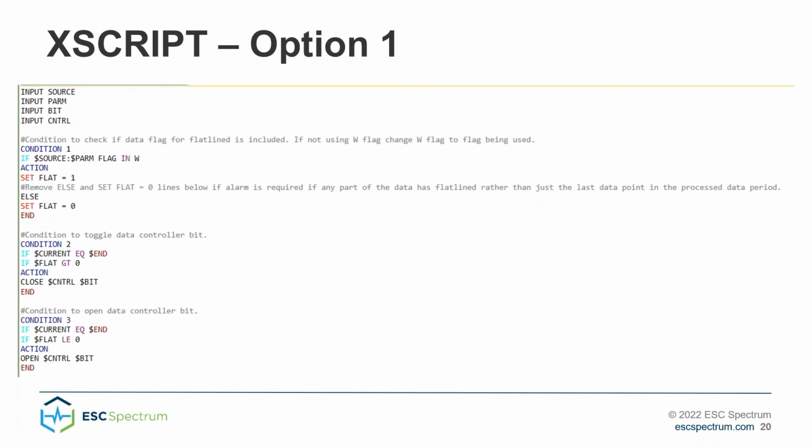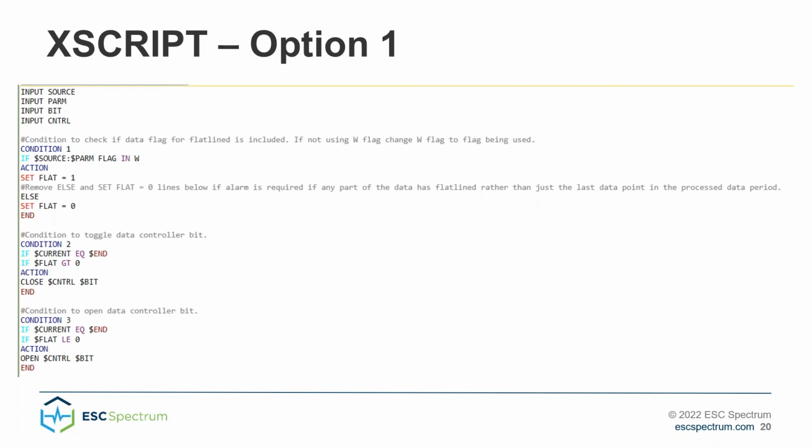And this is useful if you want to set up other alarms within the data controller, if you want to set some other flag on the data, or if you want to set up an input line control alarm within StackStudio, so whenever this bit toggles, it will send out an alarm, and then as soon as the flatline has stopped, that alarm will return to normal.